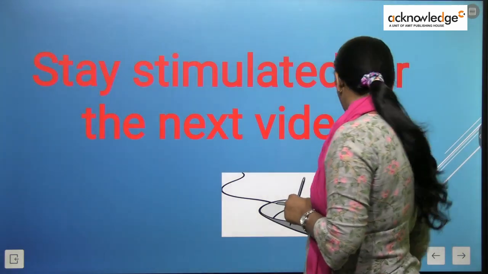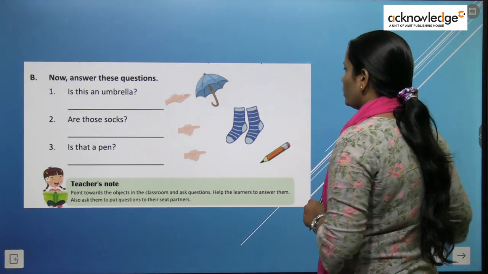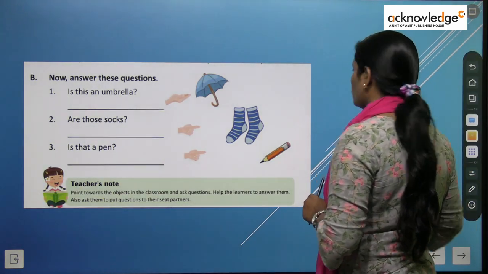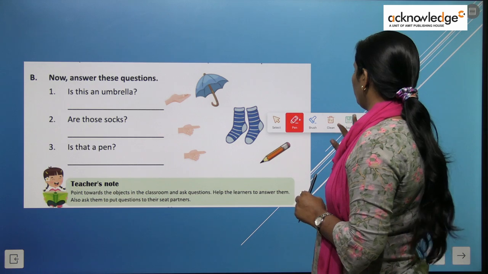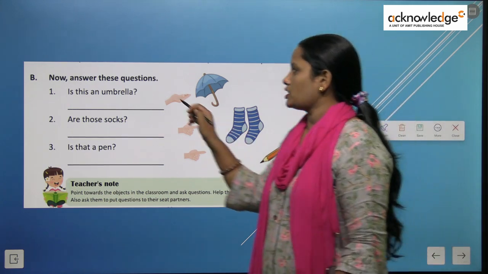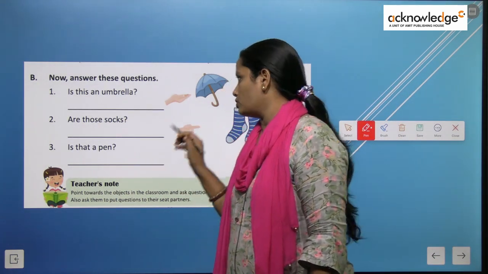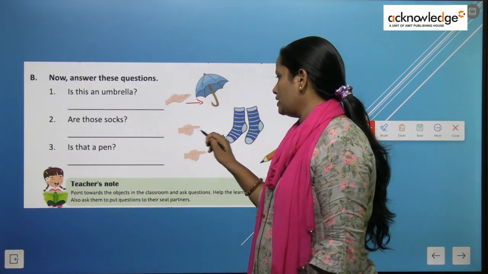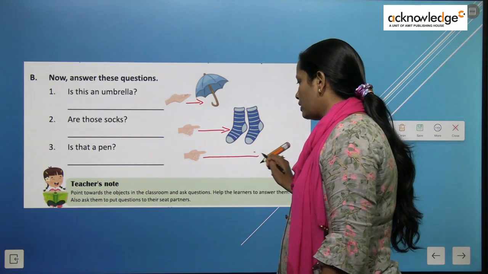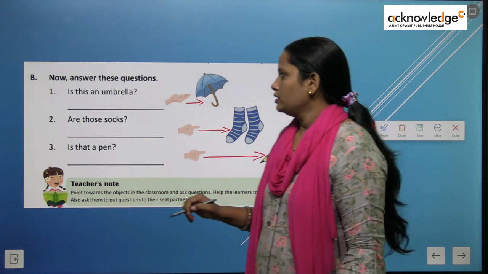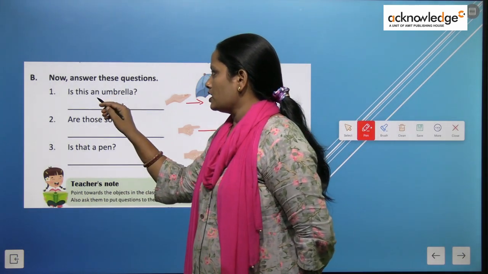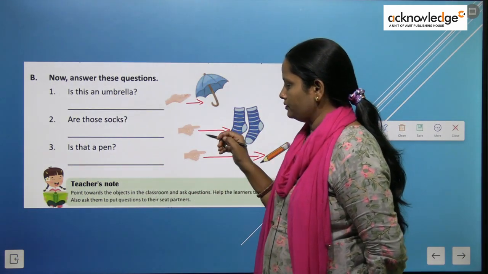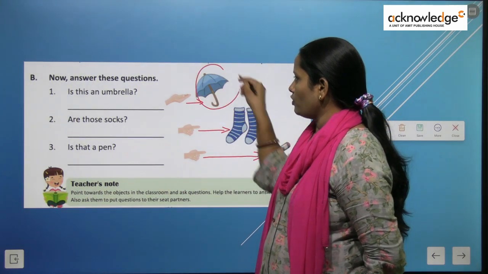Now come to the next exercise. Okay, in this what do we have to do? We have to answer the questions. Questions are already given. We have to write down the answer. Okay, it is very near, far and far. Is this an umbrella? So what do you think? What is this?